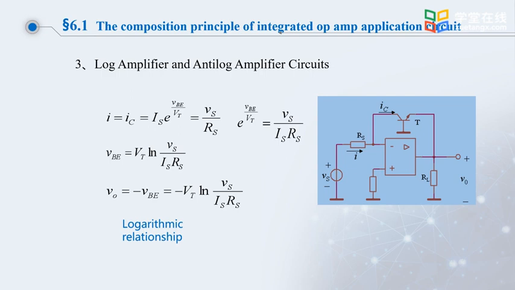The voltage at VO can be seen as the negative of VBE of the transistor. So VO equals negative VBE, which is equal to this expression. So VO is equal to negative VT times ln of Vs over (Is times Rs). Finally, the logarithmic operation of the input signal Vs is realized at the output VO. This is the logarithmic operation circuit.